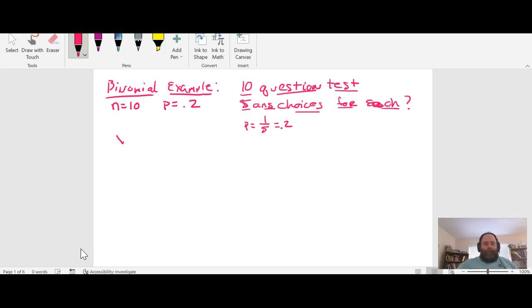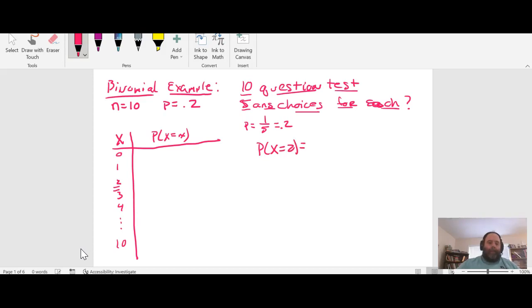My binomial distribution is set up with x being the number of successes. So how many questions do I get right? And this is the probability that x is going to be that value. So I get a 0, 1, 2, 3, 4, and I'm just going to keep counting out to 10. Let's say I want to find the probability of getting 2 successes. So the probability that x is 2.